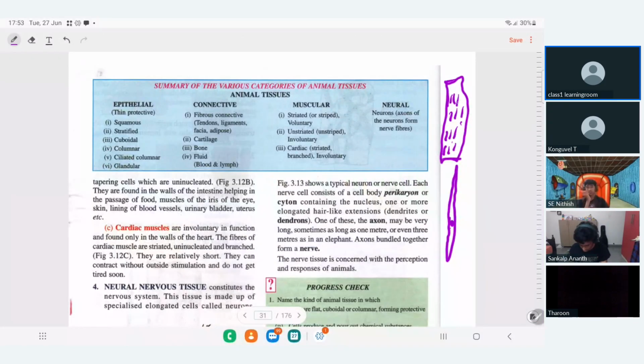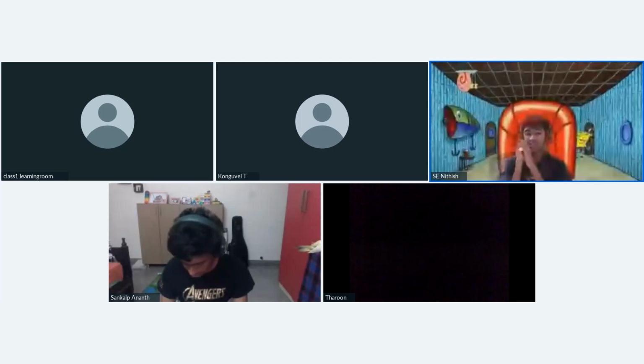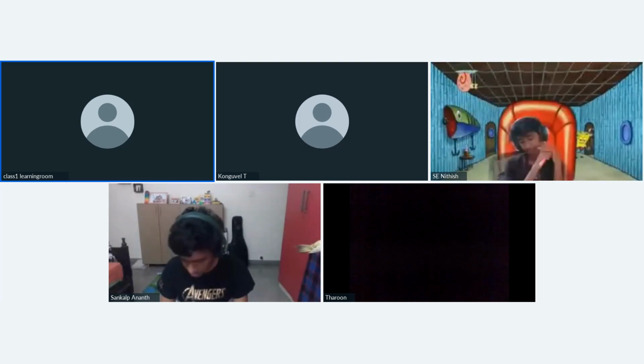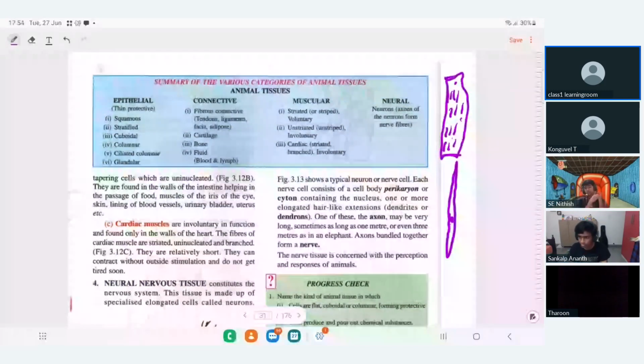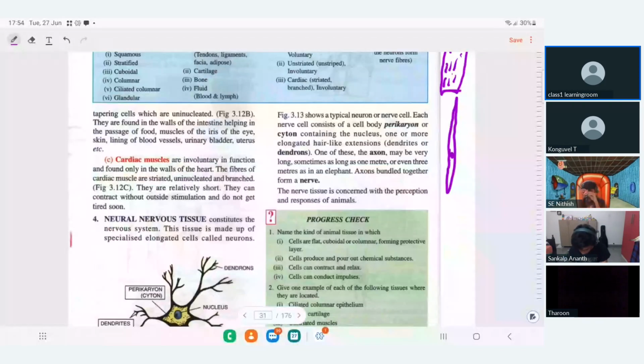A part of muscle tissue is called a myofibril. A singular muscle cell, a piece of muscle tissue. Maybe in your higher class you will study more about muscles. One day I'll show you that also.